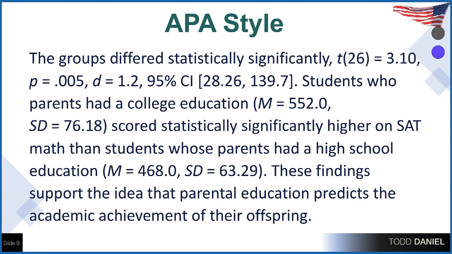And let me clarify something about the choice of wording here. I've said that parental education predicts achievement among the offspring. Why did I say predict? Prediction is usually a phrase that we would use when we were talking about regression equations. Why did I use that for a t-test? Because in this case, we have not done an experiment. We did not have an experimental and control group that we randomly selected and randomly assigned.